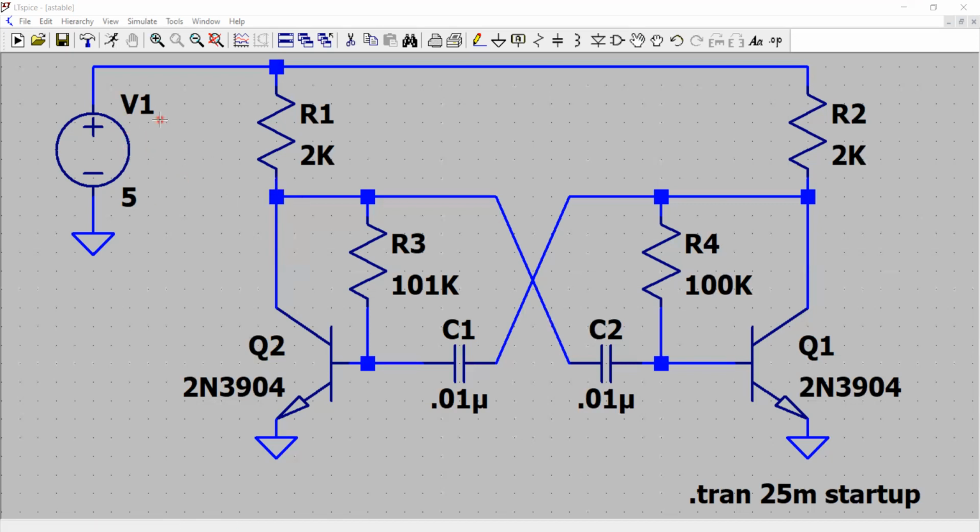Like I said, there is no fixed operating point to this circuit. Once the power supply is switched on, one of the transistors is in the on state while the second transistor is in the off state. This condition charges one of the capacitors to the full value of VCC, the DC power supply.